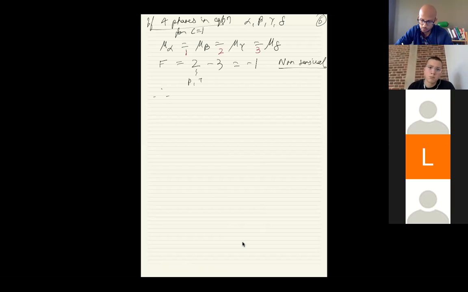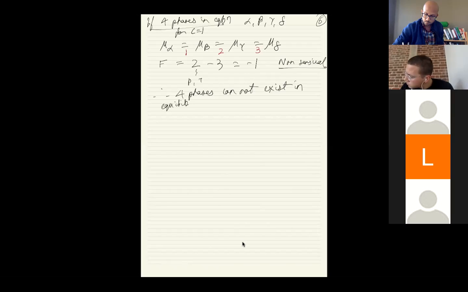Therefore, we have just shown that 4 phases cannot exist in equilibrium in a one component phase diagram.